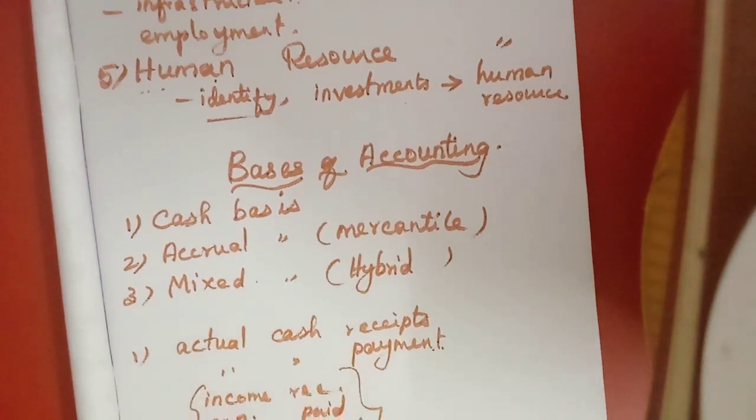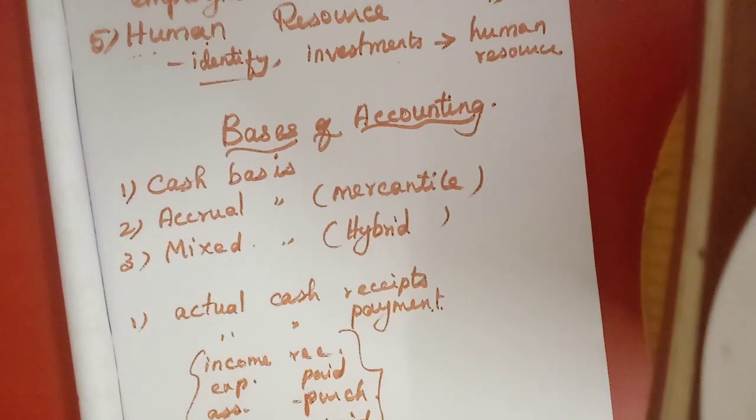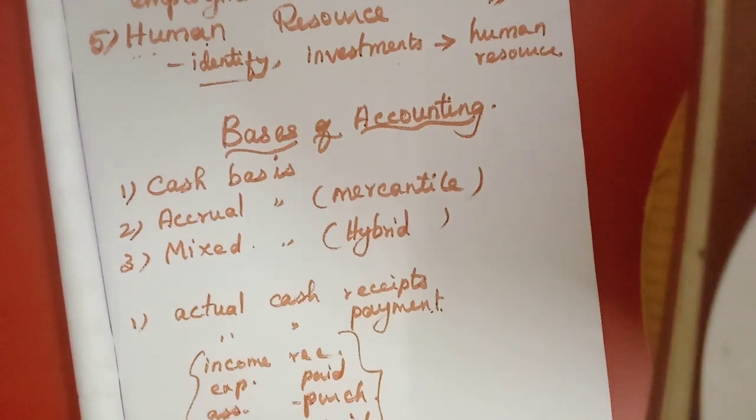Whether that income is last year's or next year's, they do not worry about that. All the actual cash receipts and cash payments will be recorded in the books of account. That is called cash basis.